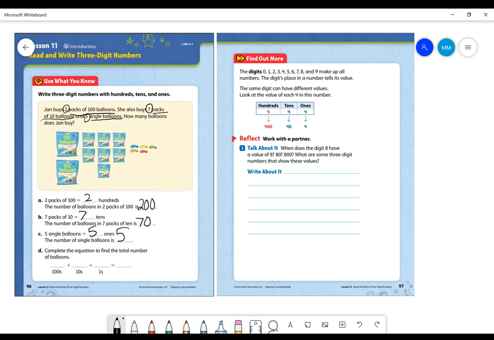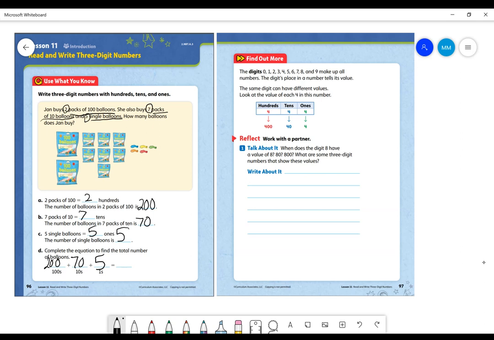Now it wants us to complete the equation. So how many hundreds did we have in our packs of balloons? We had 2 hundreds. 2 hundreds is the same as 200 plus how many tens? 7 tens is the same as what number? 70. And how many ones? 5 ones.